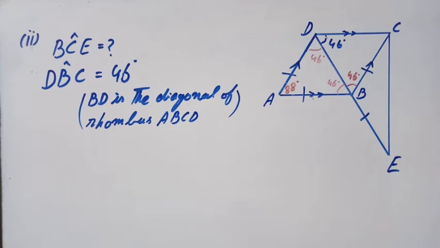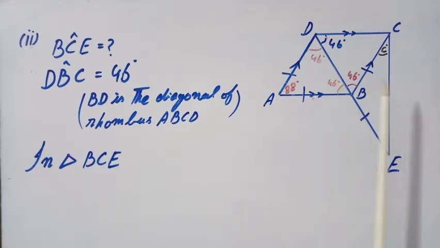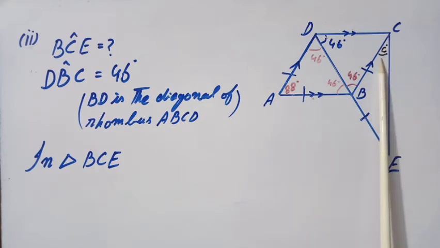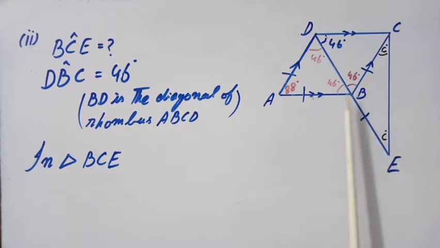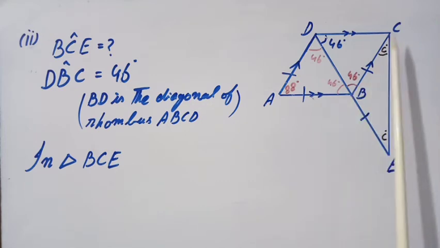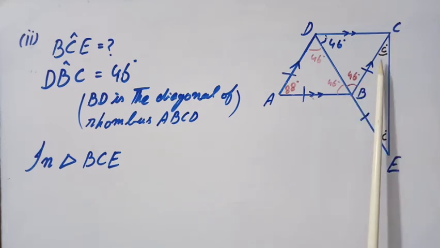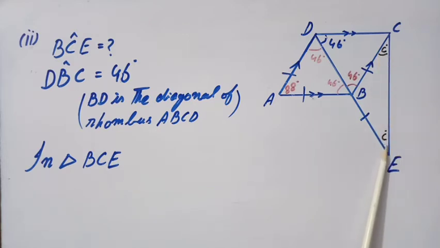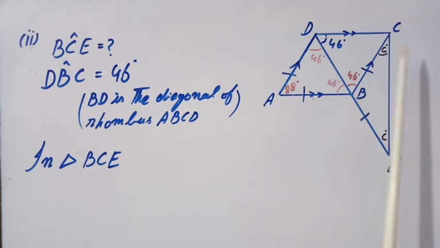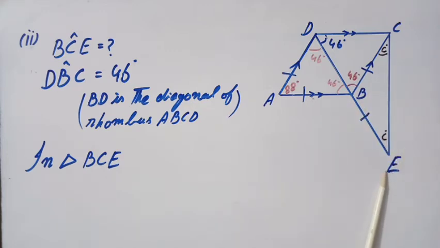So if I consider the angle BCE as a small c, I am supposing it as an angle C, then this will also be angle C. Why? Because the triangle BCE is an isosceles triangle.